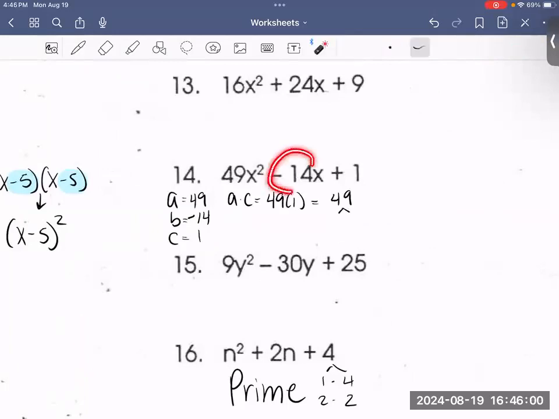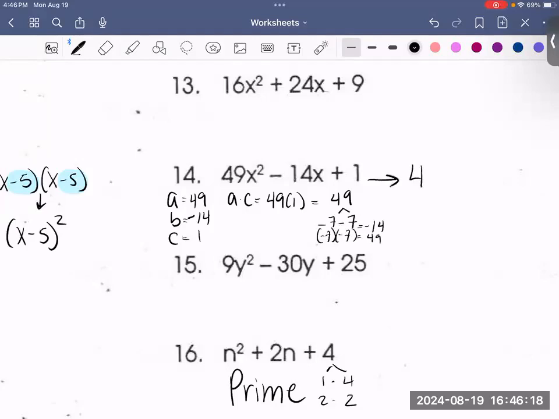Factors of 49 to get us to the middle term of negative 14: we're looking at 7 and 7, as long as we both subtract them to get negative 14. And if we multiply them together, we get a positive 49, which is what we wanted. So we're going to rewrite that middle term as two negative 7x's. So this middle term here is your 7 and 7. There you go.